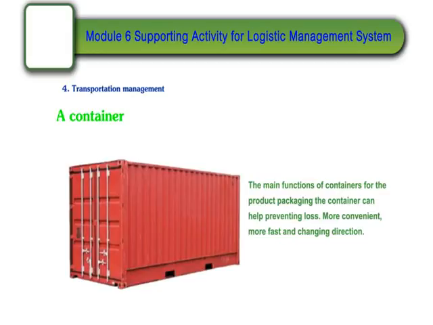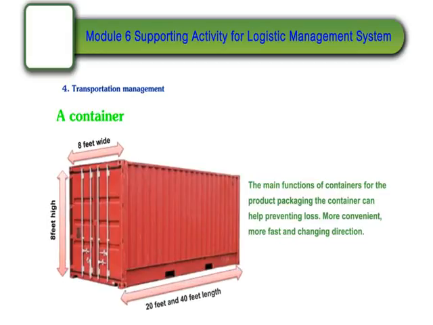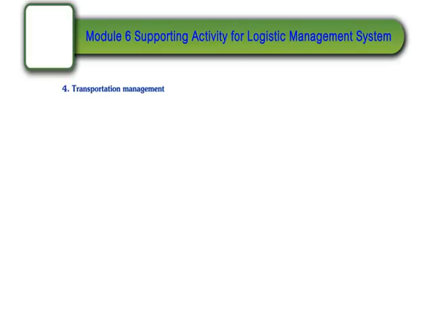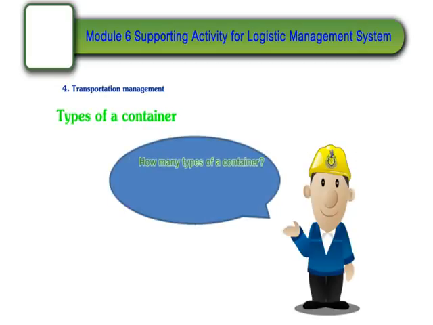A container is a rectangular enclosure 8 feet wide, 8 feet high, and 20 feet or 40 feet in length, made of steel or aluminum. The main functions of containers are product packaging, and the container can help prevent loss. More convenient, faster, and changing direction. How many types of containers are there?